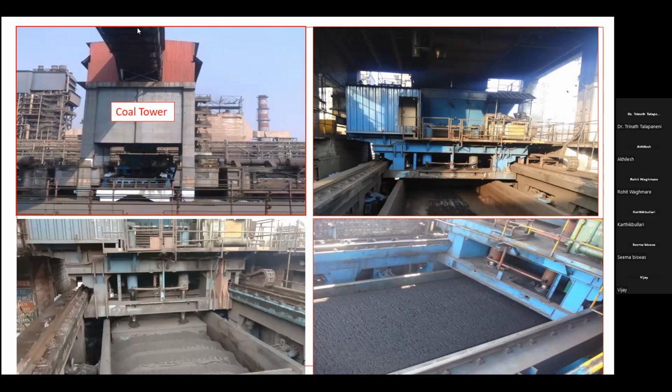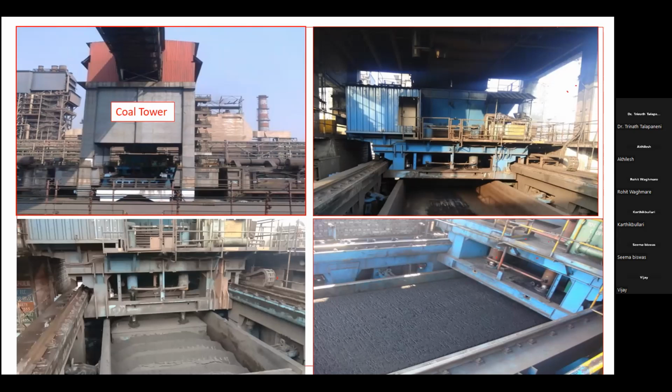The blended coal which underwent the crushing process, that is, before this coal tower we have the hammer mill. This conveyor belt is connected at one end to the hammer mill.